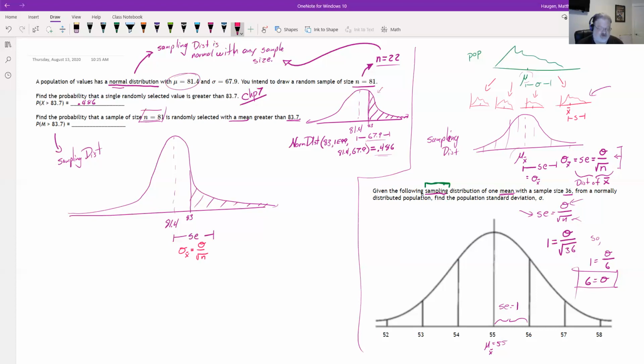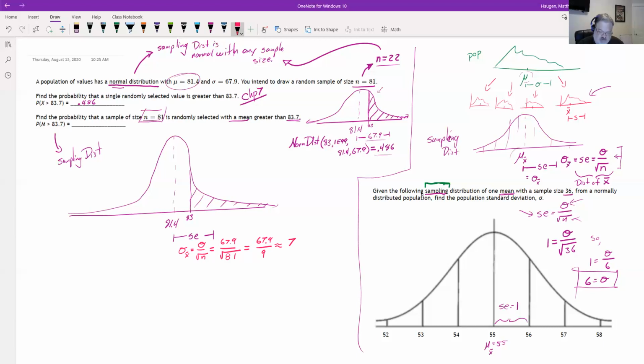For a distribution of means, it's our standard deviation of our population divided by the square root of our sample size. So in this case, it's 67.9 divided by the square root of that strangely convenient 81. So 67.9 divided by 9 is approximately 7.5.